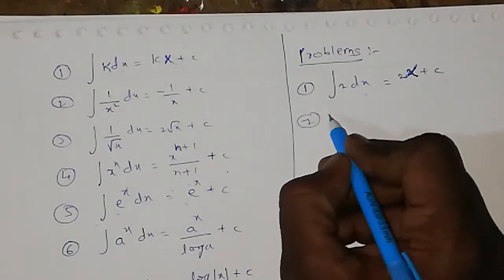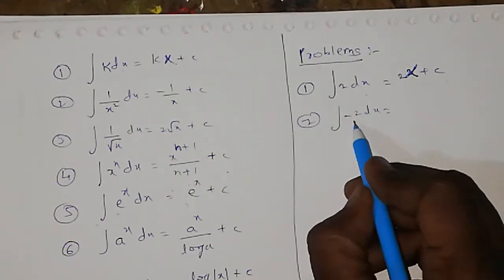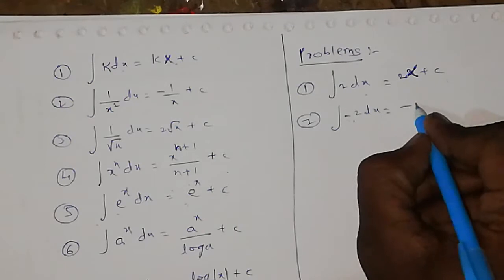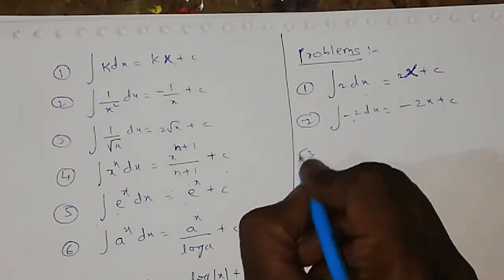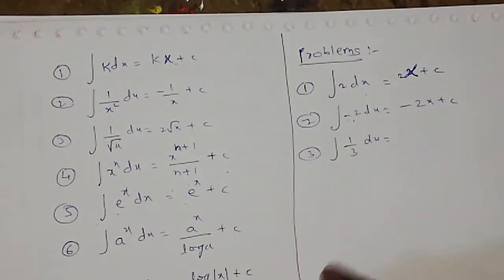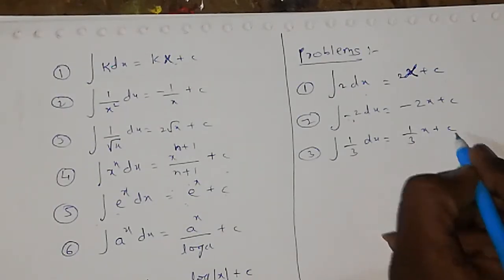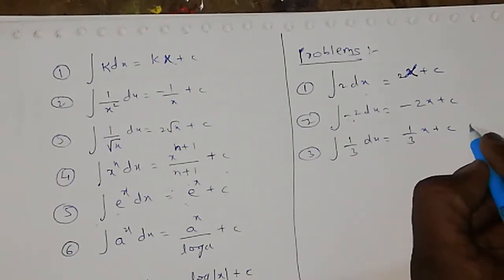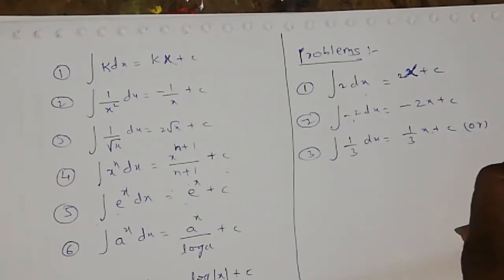Like this, one more. Suppose I am taking integration of minus 2 dx. So minus 2 into dx becomes minus 2x plus c. Suppose integration of 1 by 3 into dx becomes 1 by 3 into x plus c. Otherwise this can be written as x by 3 plus c.